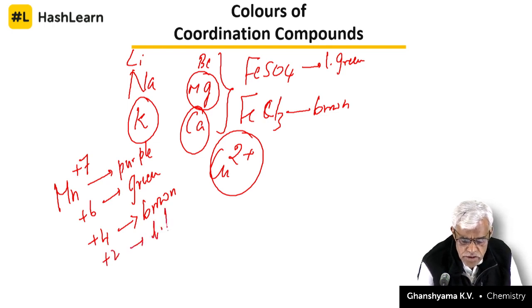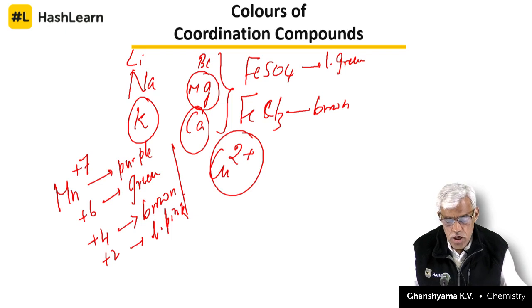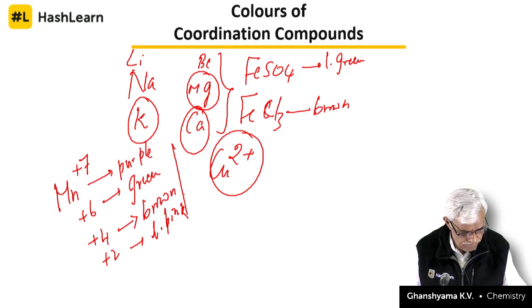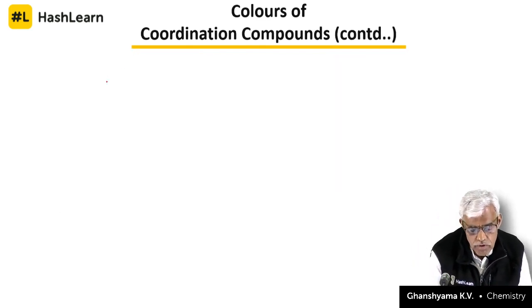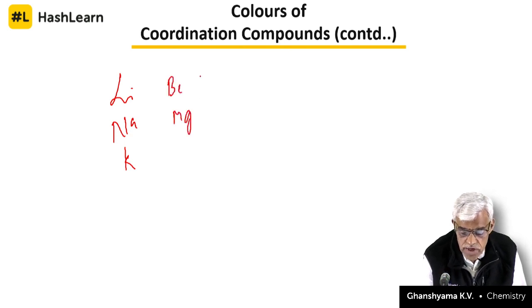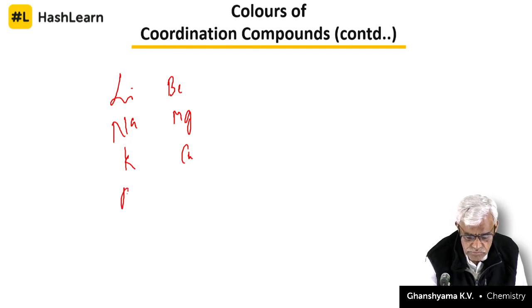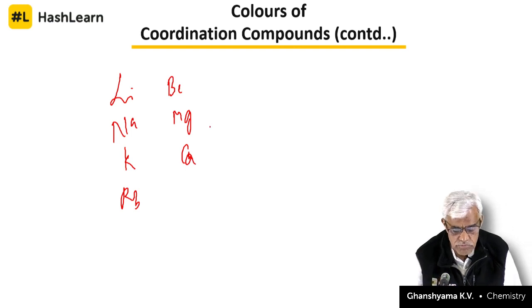+2 is light pink in color. So, transition metal ions exhibit colors, and you already know that alkali metals like lithium, sodium, potassium, or alkaline earth metals, beryllium, magnesium, there may be exceptions here and there. Very 1 or 2 exceptions may be there out of 1000 or 10,000.